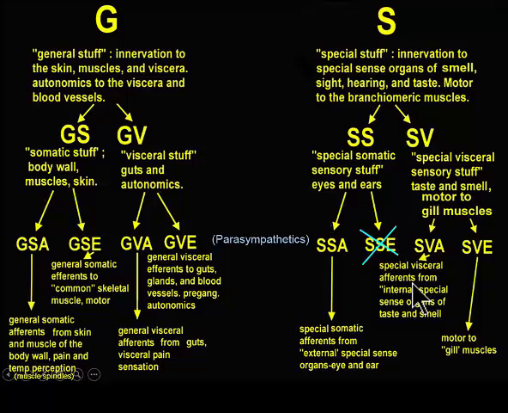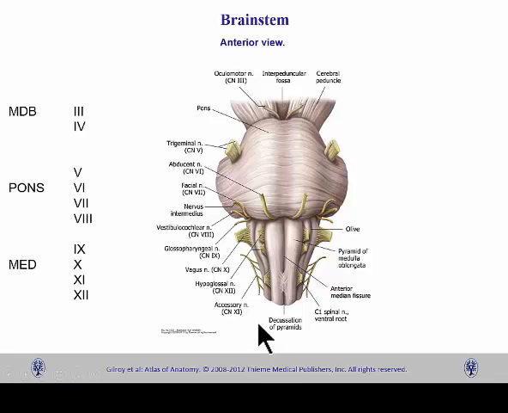SVA is referring to taste and smell. Taste and smell is SVA. And finally, there is no SSE. Finally, there's an SVE, special visceral efferents, muscles which grew out of the pharyngeal arches or gill slits. Basically, that's all of the muscles of the head except for the tongue and the eye muscles, right? Those are of skeletal origin.